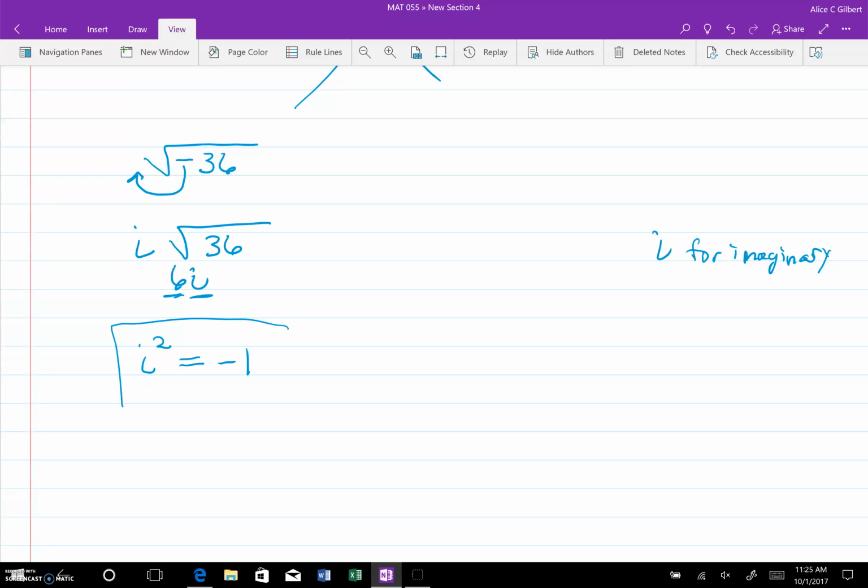So every time I say to you, i squared equals, you should say negative 1. Once we start working with these imaginary numbers, they are treated exactly like any other variable, an x, a y, a z, whatever, except if it ends up being i squared. Then we automatically change it to negative 1. But other than that, it is treated exactly like any other variable.